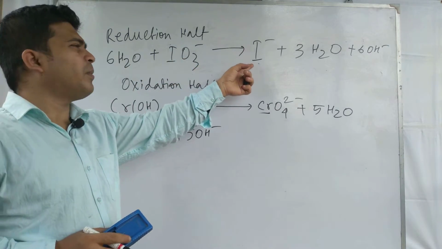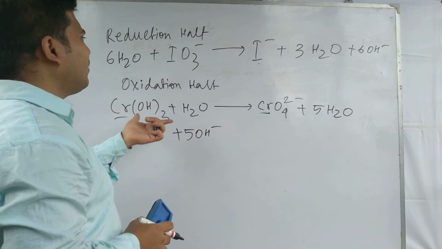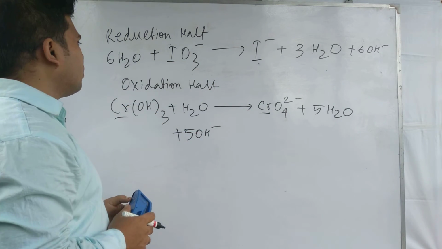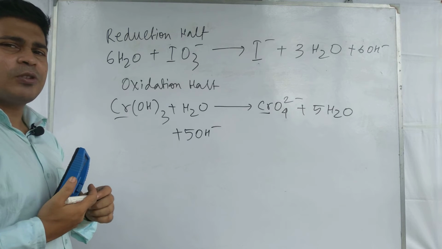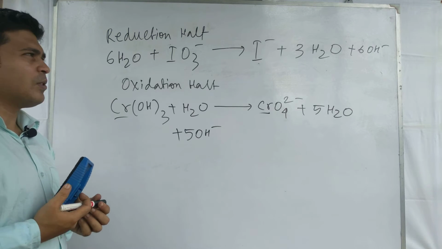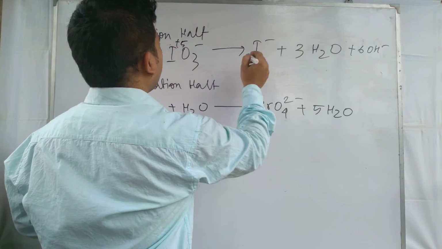Okay, so atom balance is completed for these two equations. You can check the number of atoms on the left hand and right hand side of this equation, and you find that atom balance is completed. Okay, after completing atom balance, the next process is the charge balance. We have to balance the charge, like here the 5 plus and here minus 1.